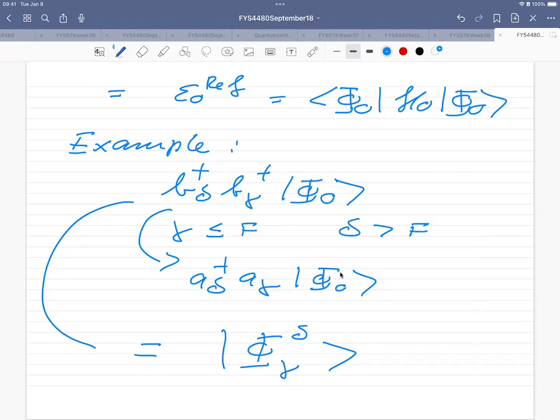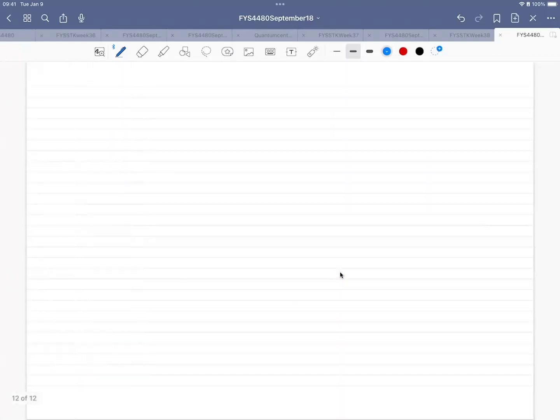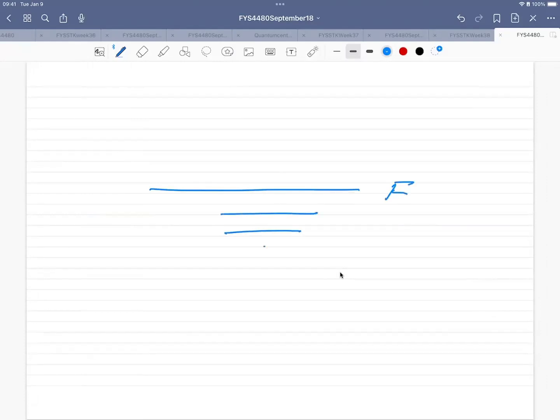So let me just come back to this expression here and bring back the picture which we made of the different single particle states. So let's write this down. What we have now is a chain of states. And suppose now that I have my state gamma here. And then up here, we have up to n minus 1.